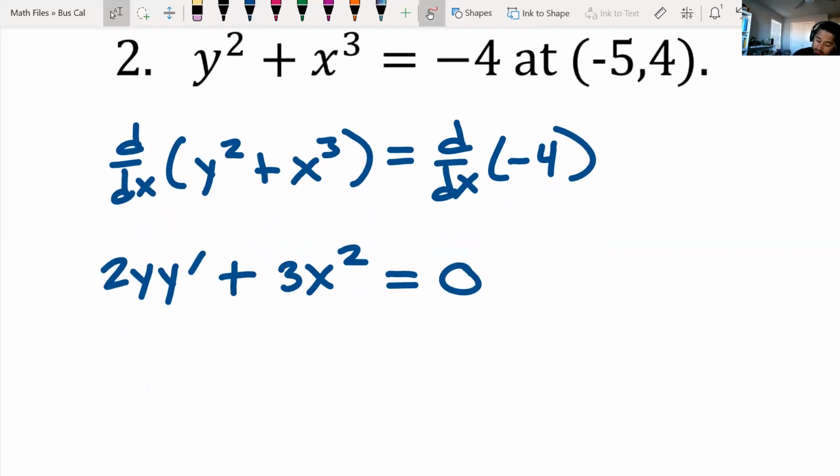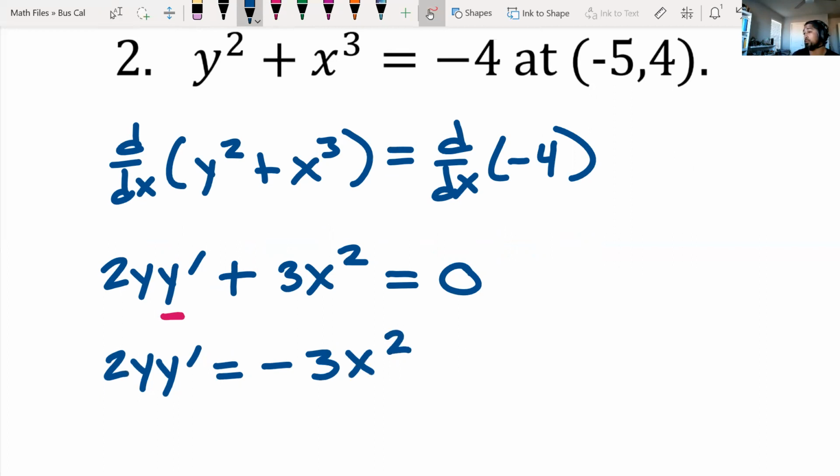And now, once again, our goal is to solve for y prime. So this means I'm going to take 3x squared, move it over to the right side, and I will be left with 2y y prime equal to -3x squared.